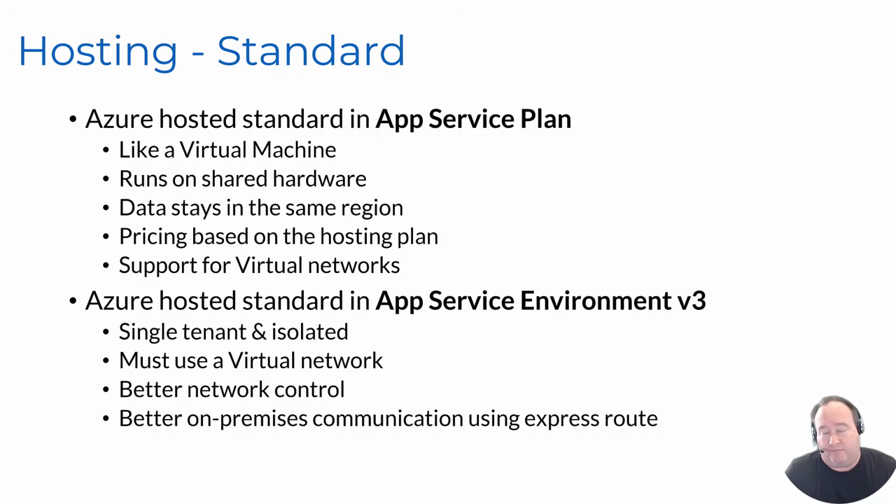So all in all, you get much better network control in terms of integrating your app service environments with your on-premises resources. This would generally be used along with ExpressRoute, where you have your on-premises data center connected with your Azure resources using these app service environments and your ExpressRoutes and setting that up. So it's a much more advanced scenario.